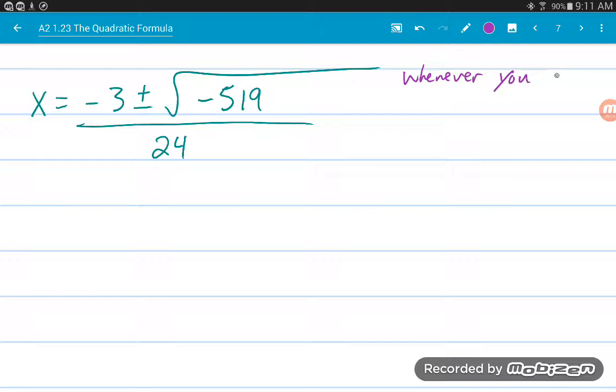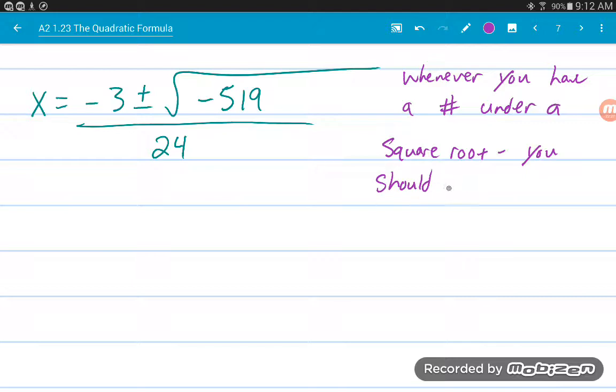Whenever you have a number under a radical, or under square root, you should still be checking for perfect square factors.